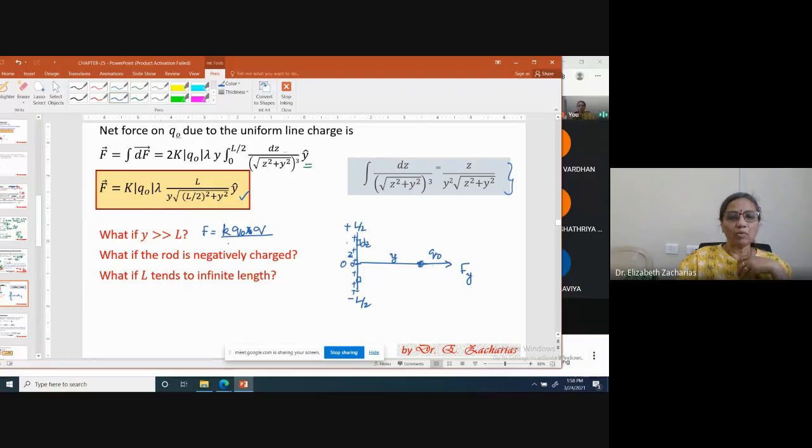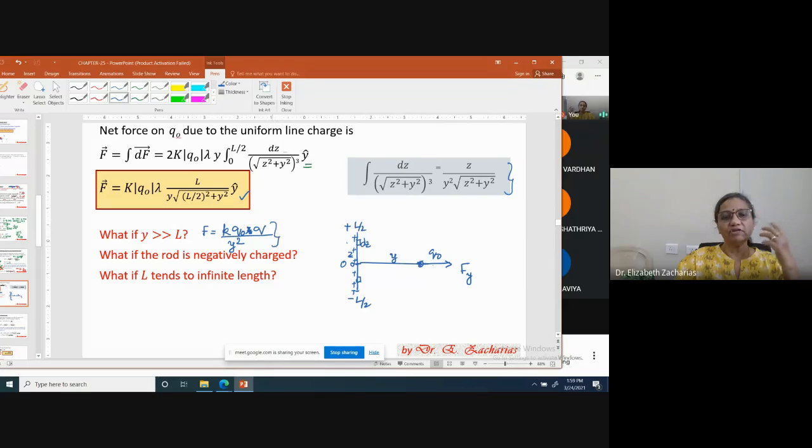I have my y, and what will happen to this term if y becomes much greater than L? Then L square becomes negligible, so you can drop this term and you will simply have under root of y square, which is y. So y into y, you will get y square.